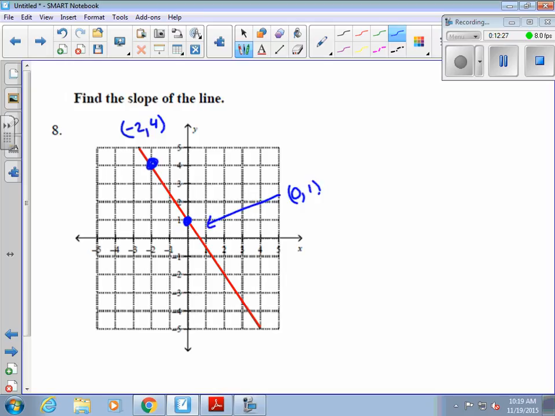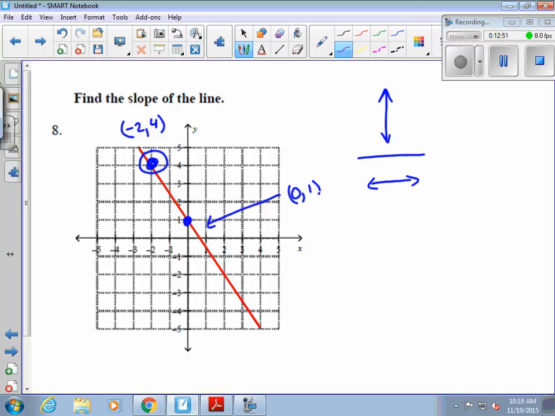So remember what slope is. Slope is rise over run. How many times does it go up and down? We could see that this graph is falling, it's going down. Over how many times does it go left or right? Remember, if you always start as far left as you can go, you'll never have a negative number on the bottom. It'll always be positive.